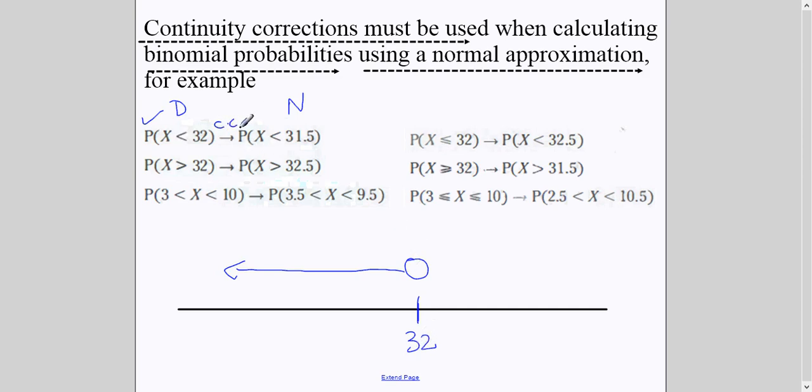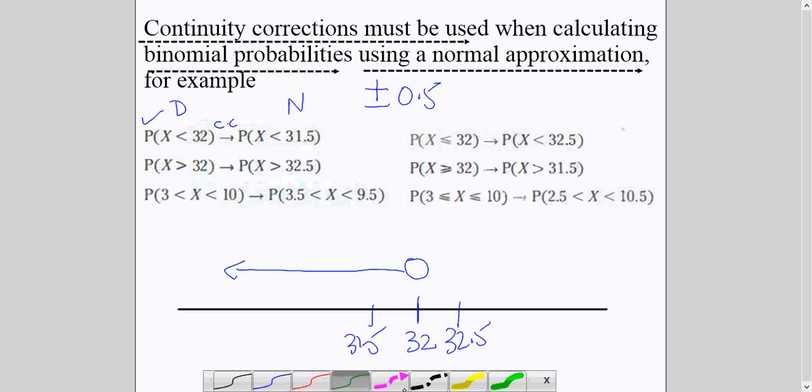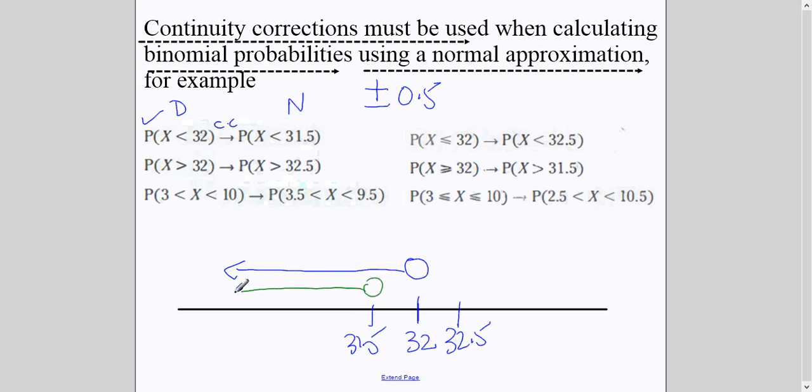Whenever we apply continuity correction, we add or subtract 0.5 to this value. Now the question is whether I will add 0.5 here or subtract 0.5 here. This symbol will not change. If it is less than, it will remain less than. So if I'm talking about 31.5, I'm going from here.